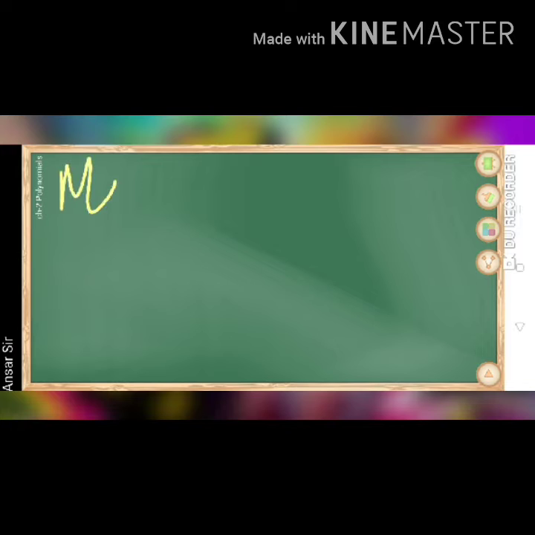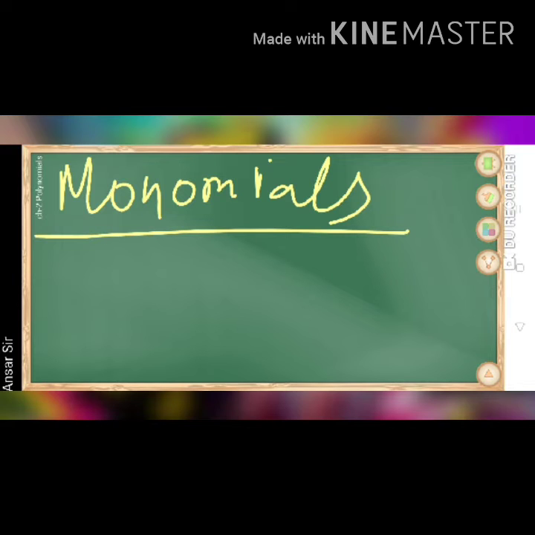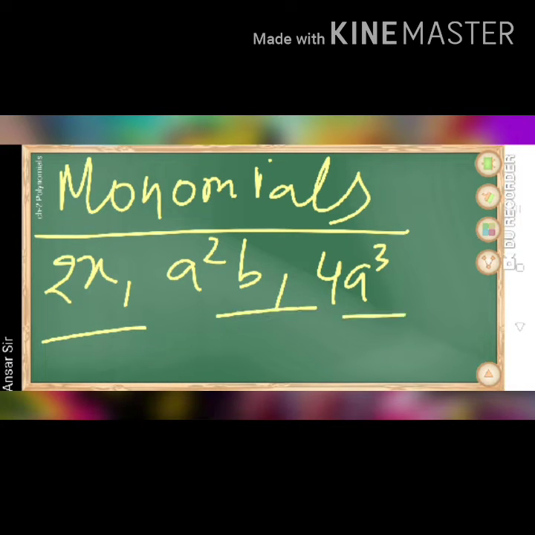Next is monomials. A polynomial having only one term is called a monomial. For example, 2x a square b and 4a cube are monomials.